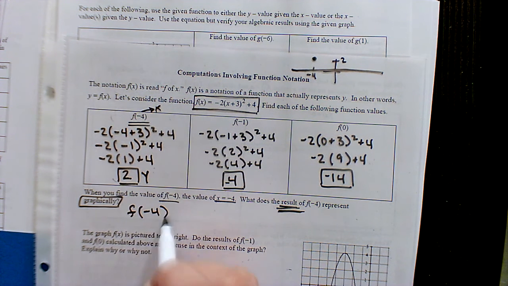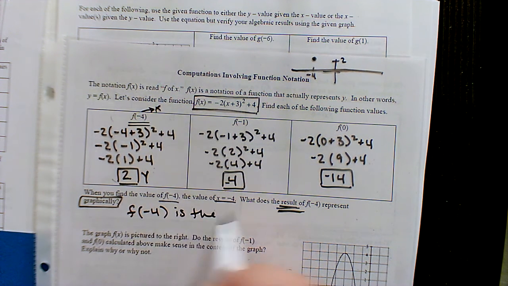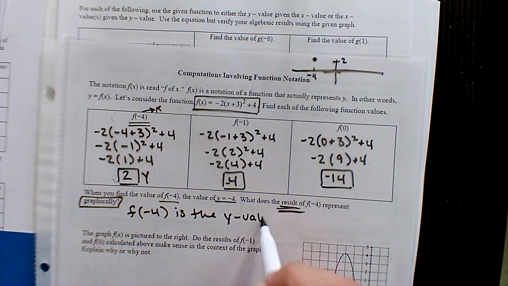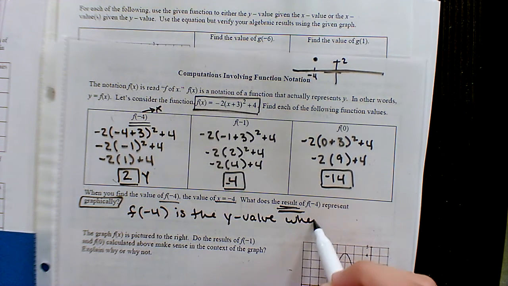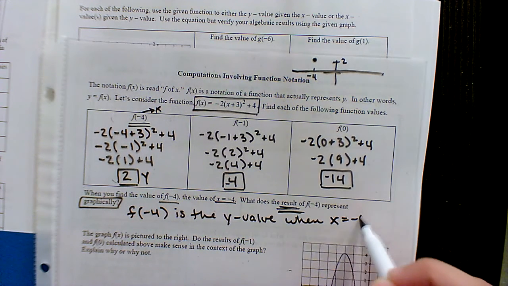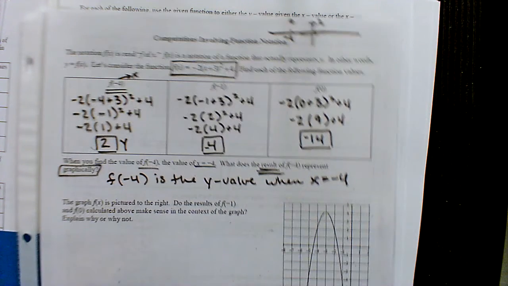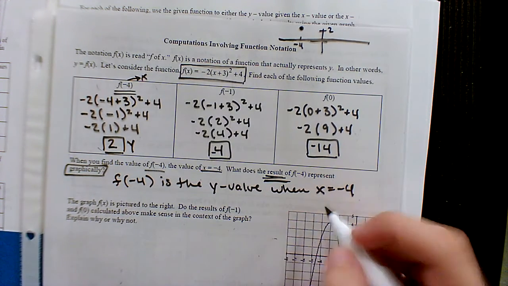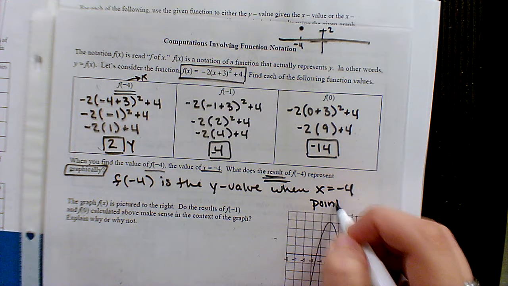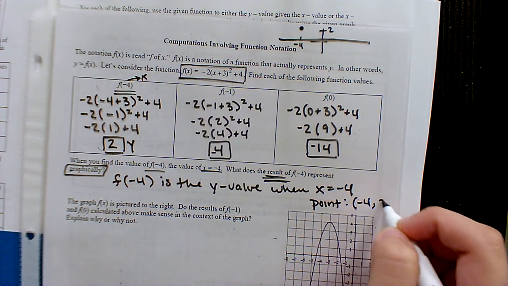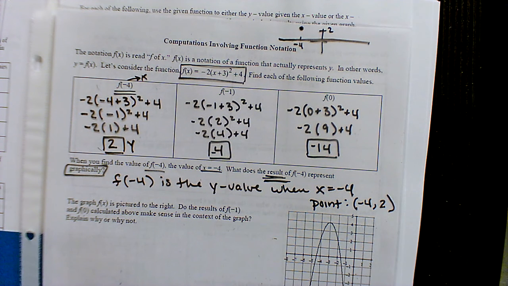So f of -4 is the y value when the x value is -4. So graphically speaking, we have this ordered pair or point. If your x value is -4, your y value is 2. You can do the same logic for the other 2 that you did.